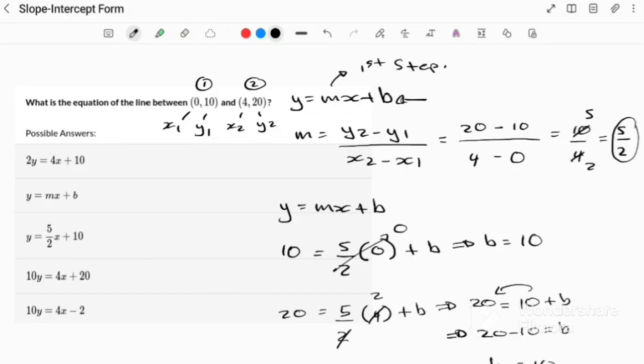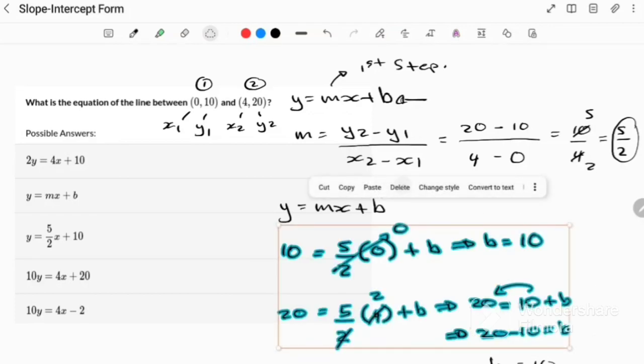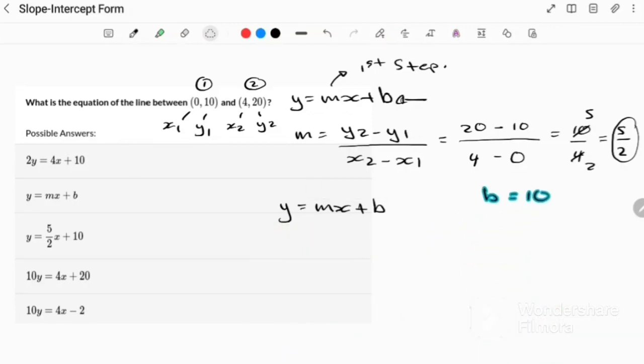Now that we have our m, we have our b, and we have our coordinates, we can go ahead and figure out what is the correct answer. Let me go ahead and erase this part since we have found our b. Just going to move this right up here.